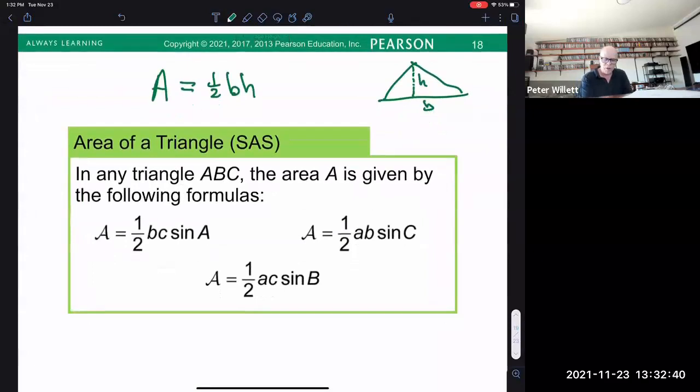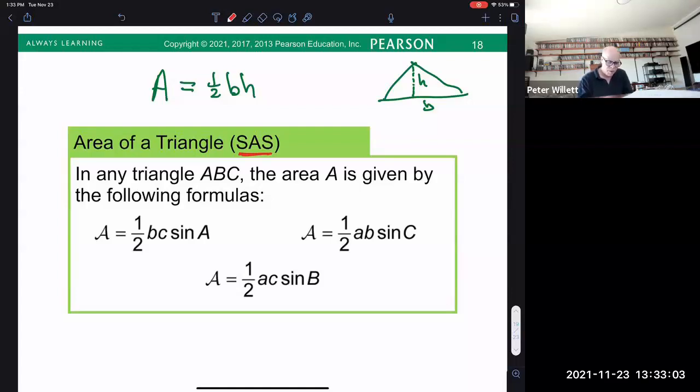The area of a triangle where you have two sides, notice side, angle, side, and the angle between them, is you take 1/2 and you take the product of the two sides and multiply by the sine of the angle between them. So it's not necessarily the base and the height.